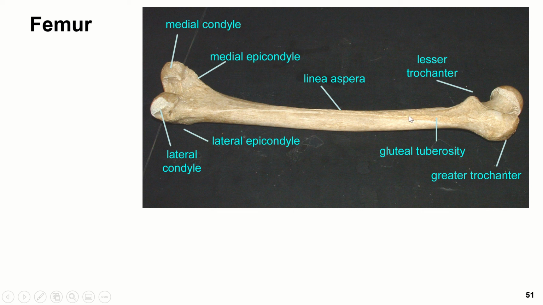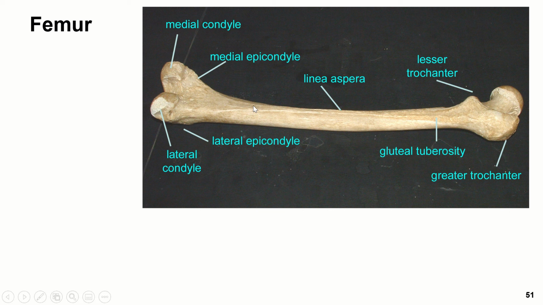The gluteus maximus inserts kind of on a large piece of this. That then becomes this ridge down the back of the femur called the linea aspera, and that is going to be an attachment site for some of the hamstring muscles. Those are the extensor muscles on the back of the leg.